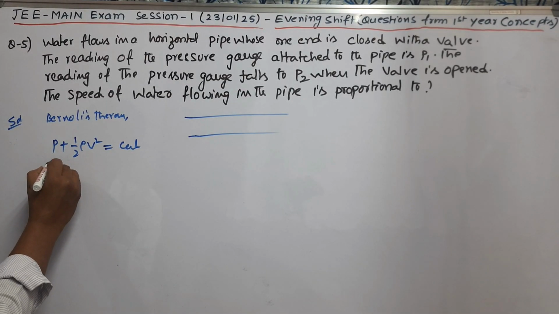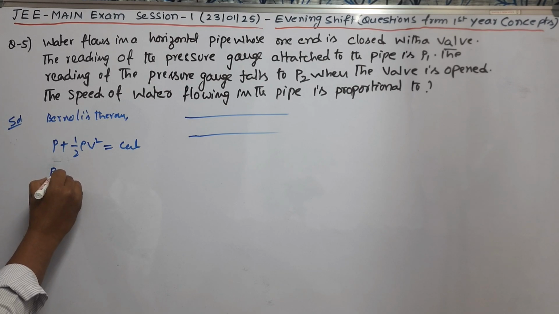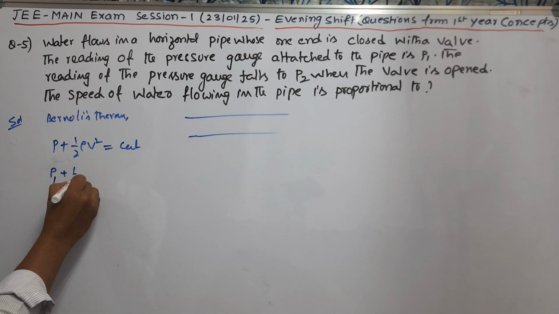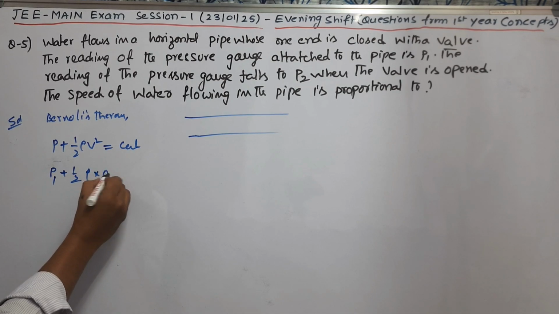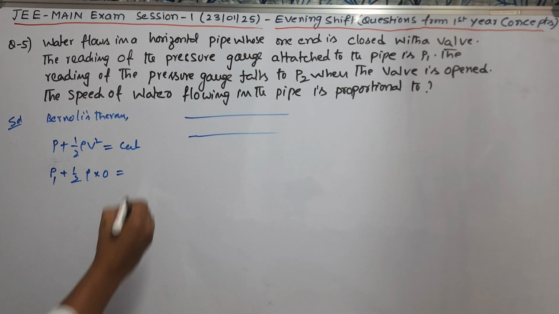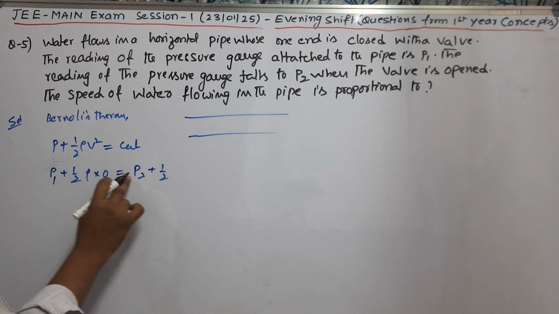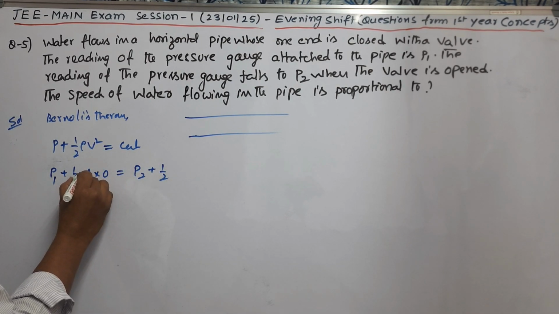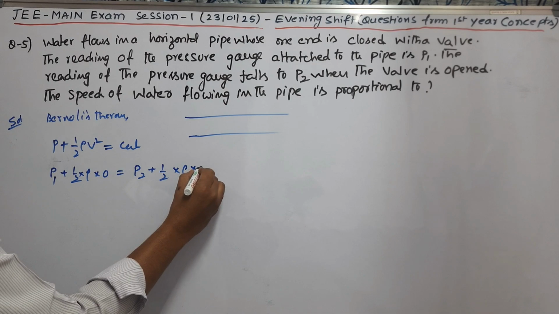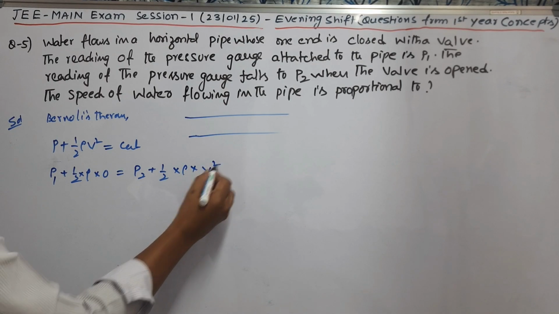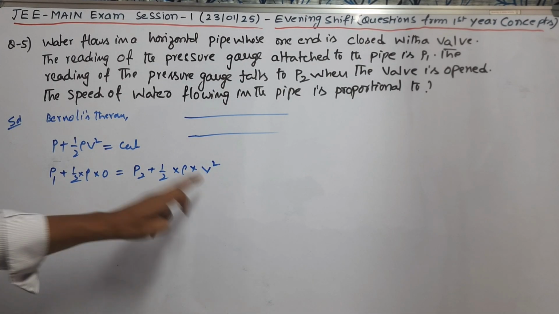Initially, when it is closed, the pressure is P1 and the velocity is 0. Next, the pressure changes from P1 to P2, while the velocity becomes V.